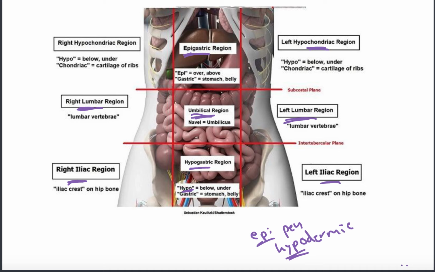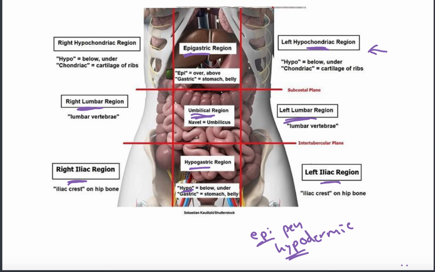So they're always blowing stuff up, getting a little hyper, a little too keyed up, anxious about feeling ill. And that's how I remember the hypochondriac regions are the upper corners, because it's kind of like the upper anxiety levels. And that's how I remember hypochondriac regions are the upper corners of this grid.